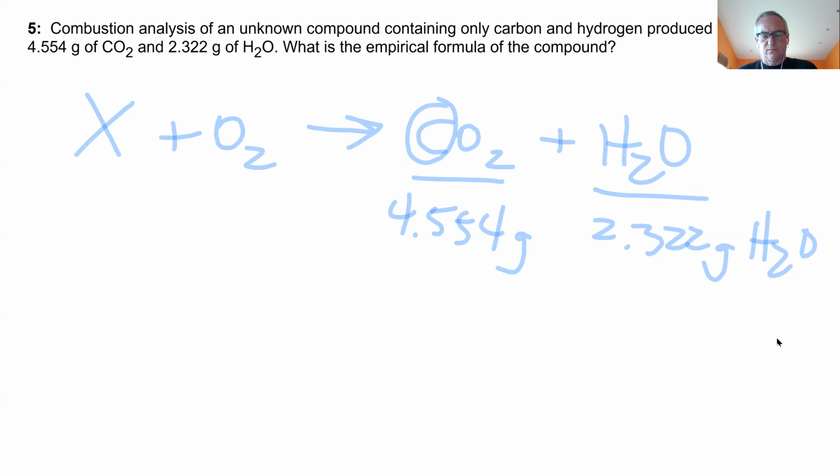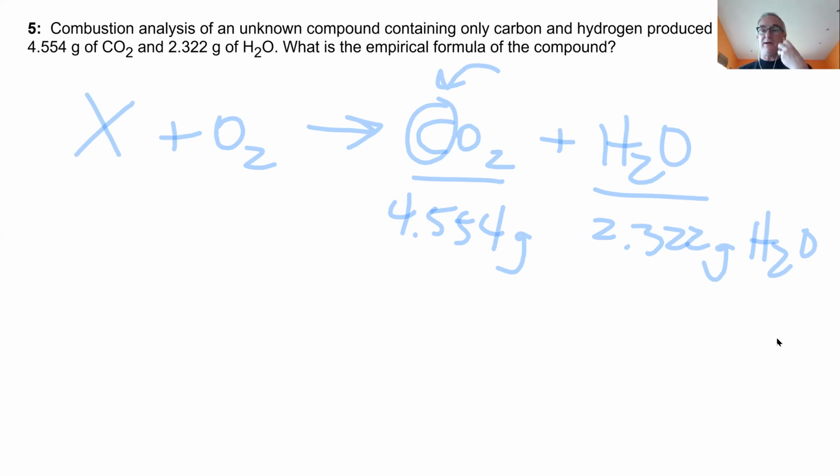To calculate the moles of the carbon dioxide, which is the same as the moles of carbon. Yeah, that's the key to the whole thing: however many moles of CO2 we have, that's the same amount of moles of carbon, because there's 1 mole of carbon in every mole of CO2.